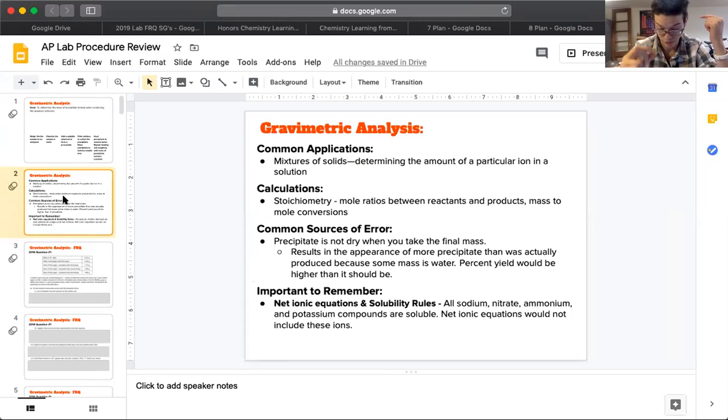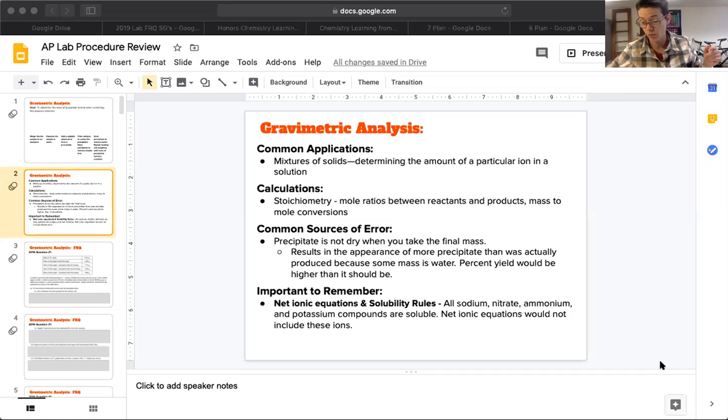But really I wanted to focus on two questions from last year's free response questions, because they were both lab-based and I think very similar to things that might happen this year.